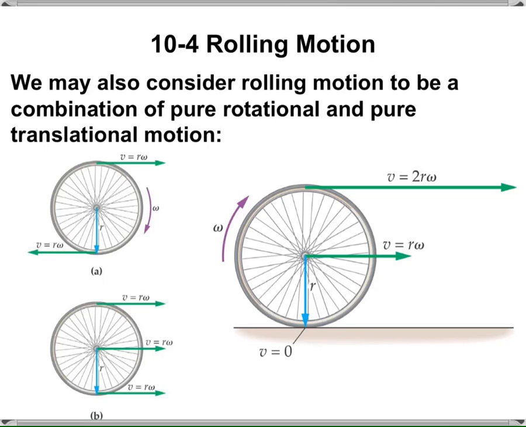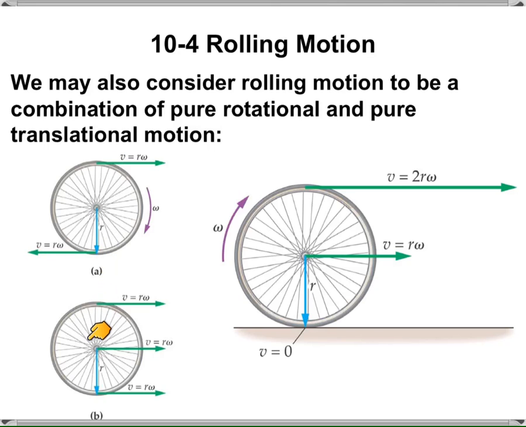If the center goes with a v, every point, if the wheel is not rotating, must go with the same v, right? Now, you add the velocities at every point on the rim by superimposing these two pictures, okay? Since the wheel is rotating, the top point must have a velocity of v, which is omega times r, right?